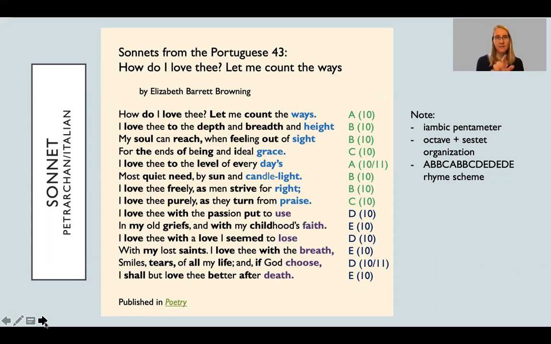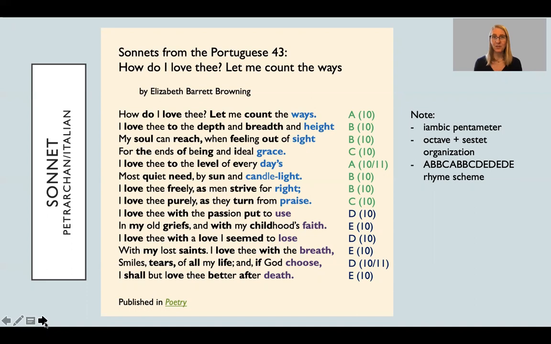So you'll notice in the very first line, some of the words are bolded. Those are beats in the line that are stressed. How do I love thee? Let me count the ways. And that connects with that iambic pentameter. How do I love thee? Let me count the ways, right?